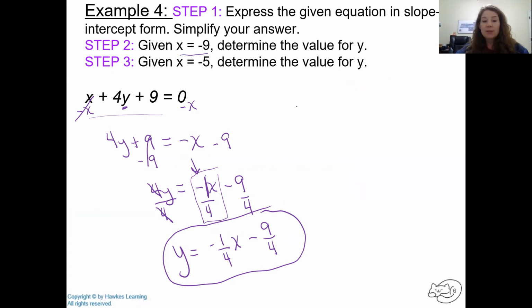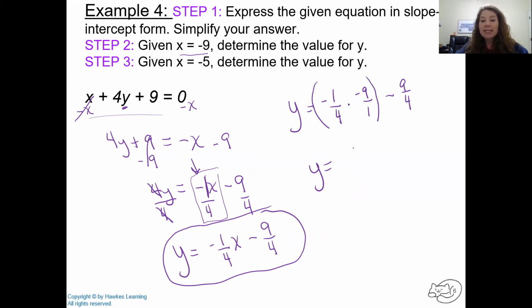Well, I'm just going to substitute -1/4 times -9 minus 9/4. So I'm just substituting like it told me to. So y equals, I'm just going to multiply this straight across. So -1 times -9, negative times a negative is a positive.